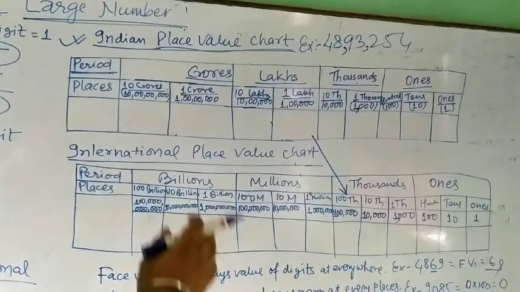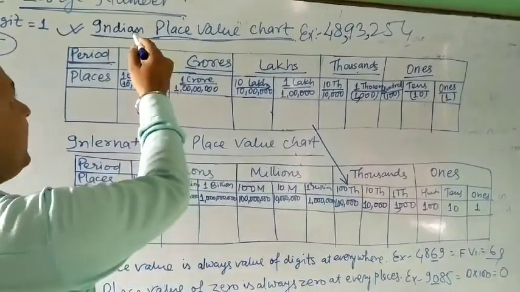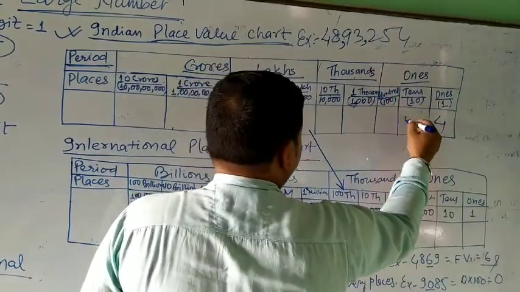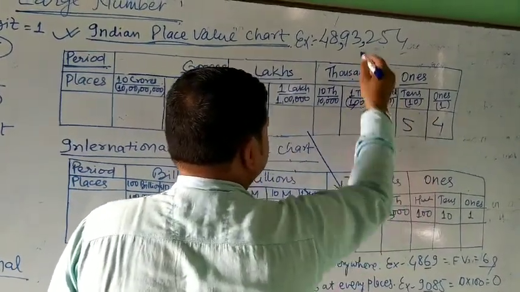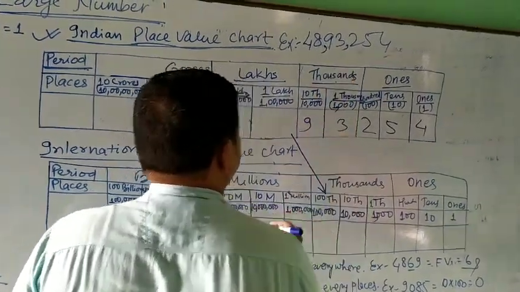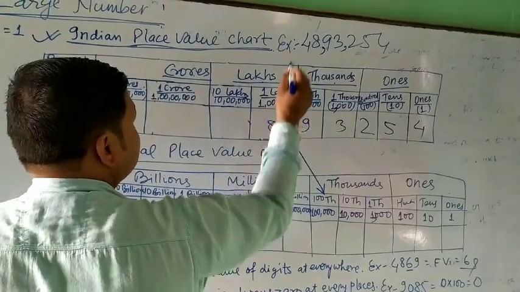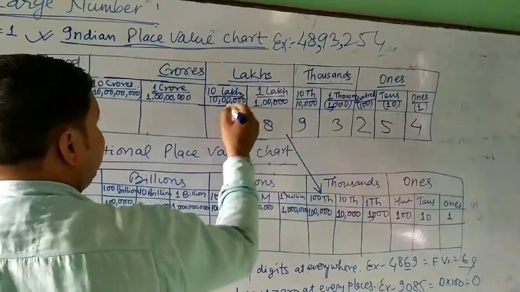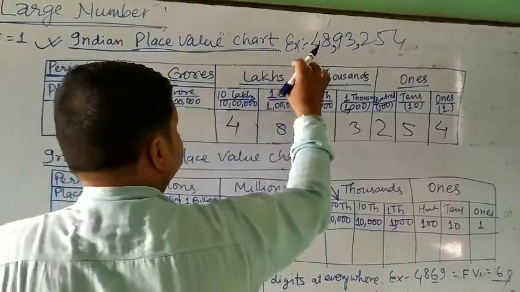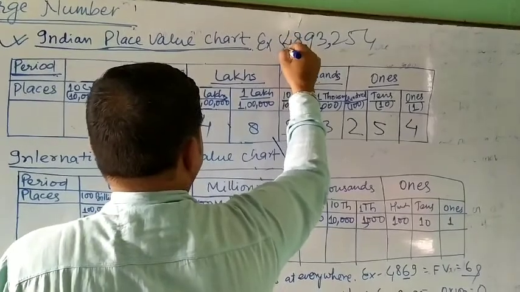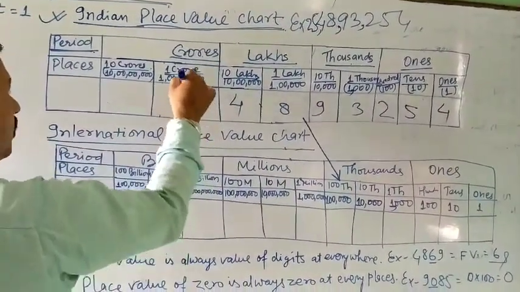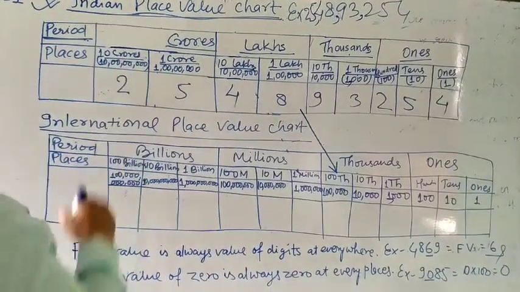It could be written in the Indian place value chart like this: 4 at ones place, 5 at tens place, 2 at hundreds place, 3 at thousands place, 9 at 10,000s place, 8 at lakhs place, and 4 at 10 lakhs place. If there are two more digits, like 2 and 5, that means 5 at crore place and 2 at 10 crore place.